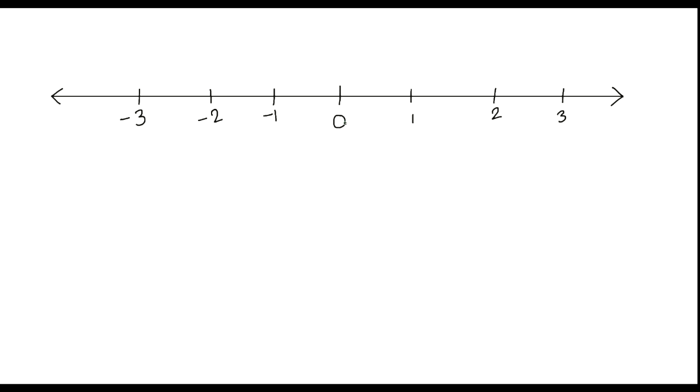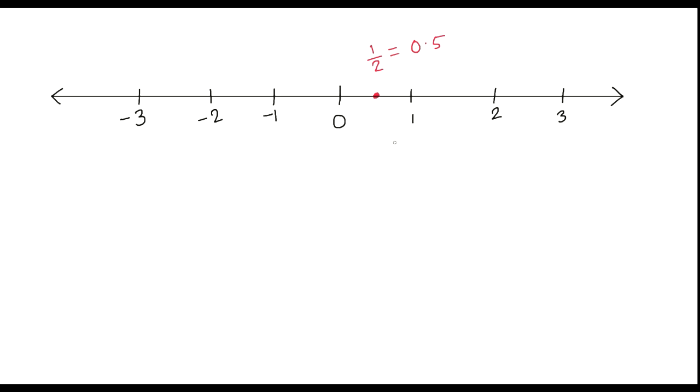We know that the half will be in the middle of 0 and 1, just in the middle of 0 and 1 here, right? Here we will have half in the middle. But this kind of numbers, fractions or decimals, are not included in the integers.